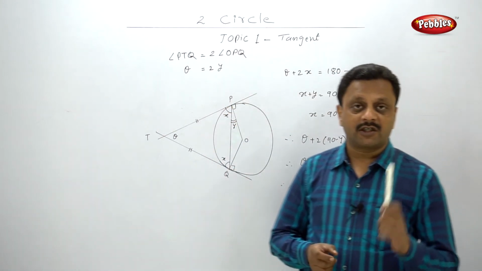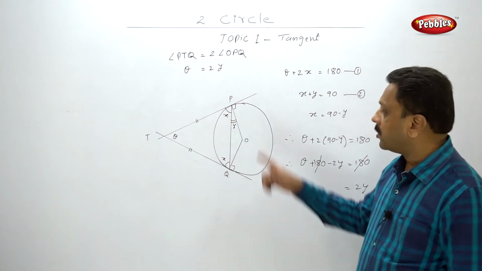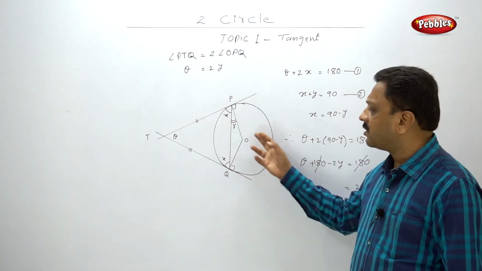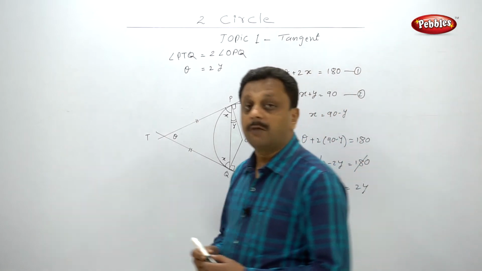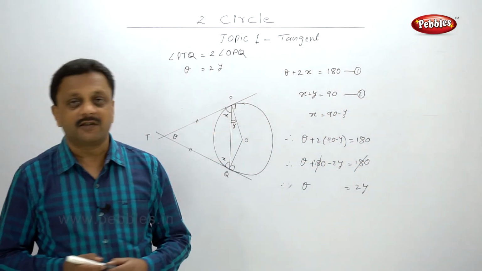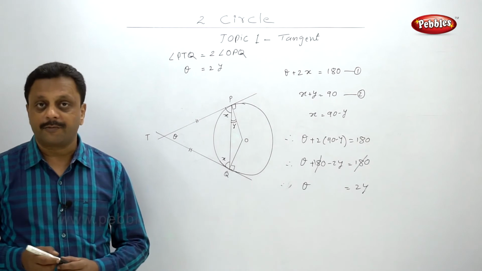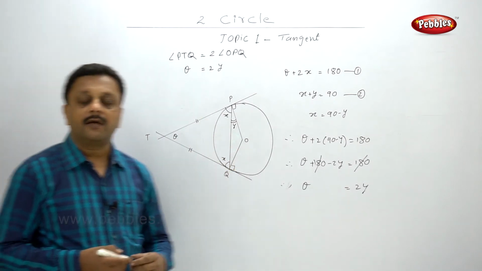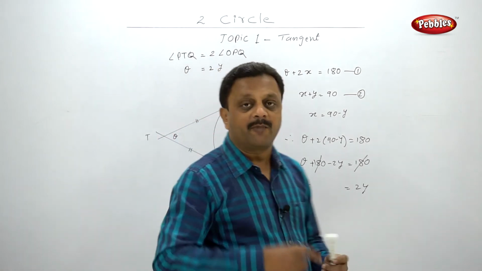So I will not suggest at all to draw these circles by compass, because these are the rough figures. You have to just imagine those figures. Okay, not necessary, these figures are not to the scale. So draw this circle in the rough by pro circle or with the help of bangle.